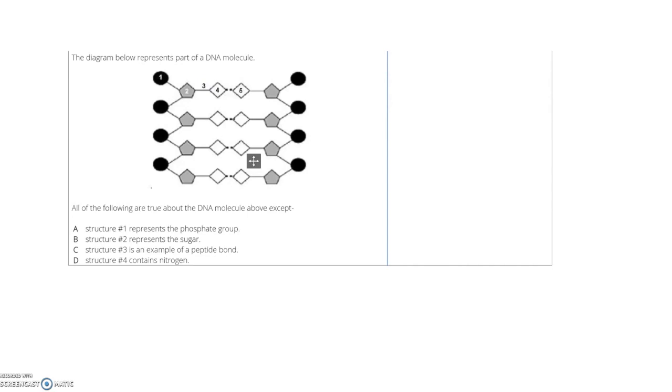And our very last question, number 4. It says the diagram below represents a DNA molecule. All of the following are true about the DNA molecule above except. Now before I do anything, I'm just going to label my diagram. These dark circles are phosphate groups.